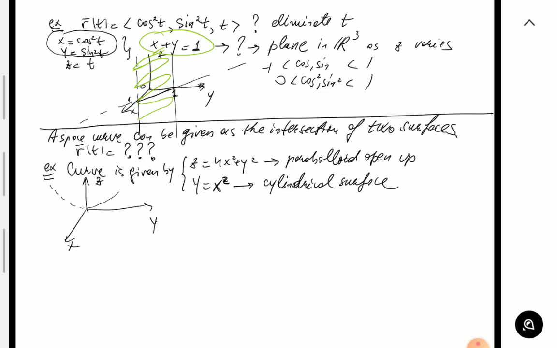So this will be the paraboloid, right? Visualize it here, upward. And with another color, let's say green again, let's sketch first of all the parabola y equals x squared. Then imagine the cylindrical surface cutting upward into the paraboloid.